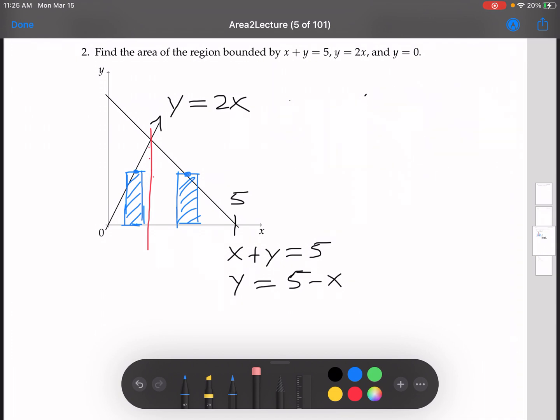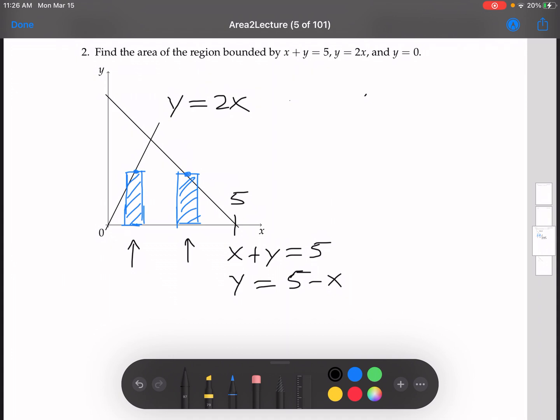So now we're going to need 2 integrals because we have 2 different topmost functions. What we need to do is figure out how far to use y equals 2x as the topmost function, meaning using this rectangle, and when to actually start using this rectangle.